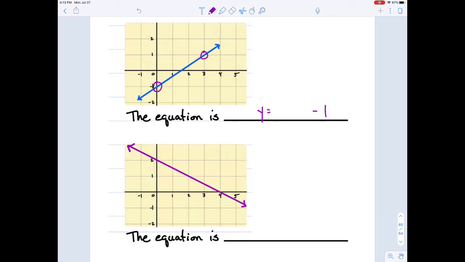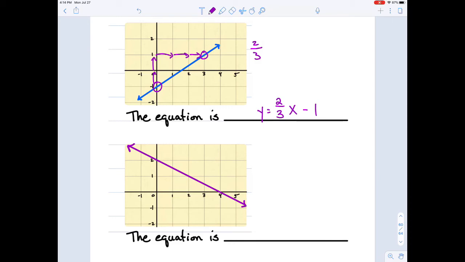And I see another point right here that the blue line goes through. So I'm going to count rise is 2 up, and my run is 3 over. So I have a slope of 2/3. So my equation is y equals 2/3 x -1. Right? That's all there is to this. Very simple equation. Y equals 2/3 x -1 is the model for that blue graph.